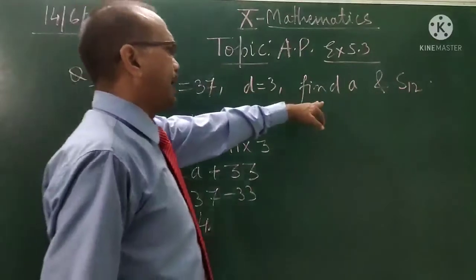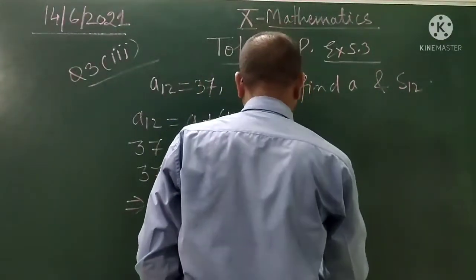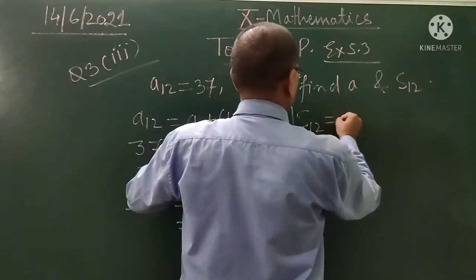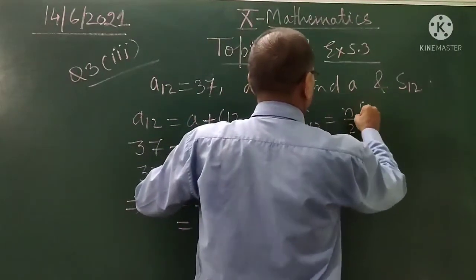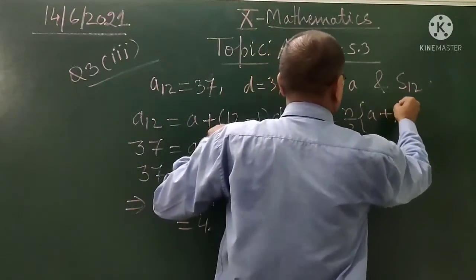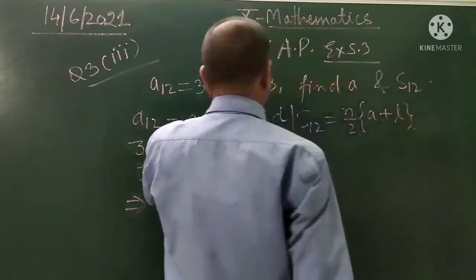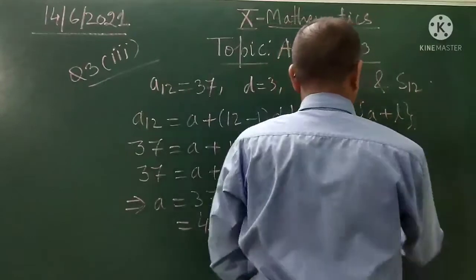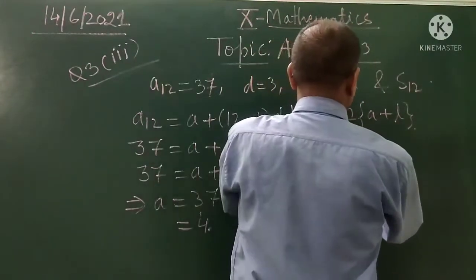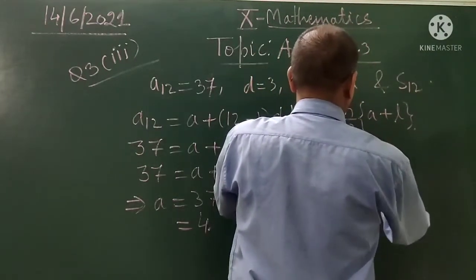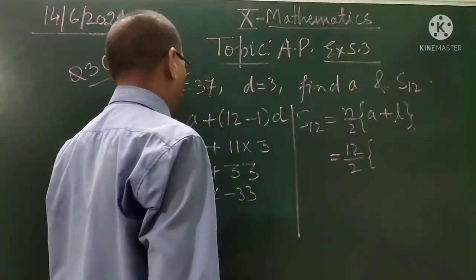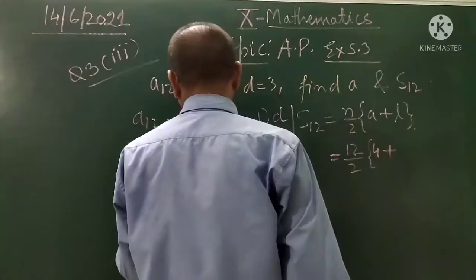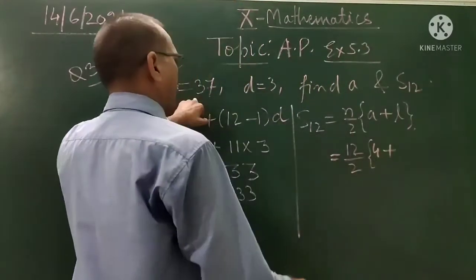Student, to find S12, there is a direct formula, n by 2 into A plus L. L means the last term, or we can write A12. Now n equal to 12, 12 upon 2, A equal to 4 plus A12.